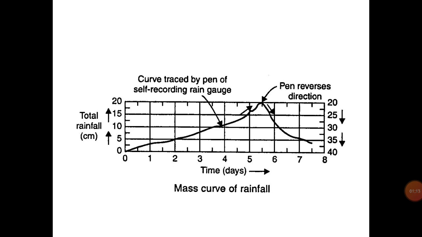From the mass curve, the average intensity of rainfall, in centimeter per hour, can be obtained by calculating the slope of the curve at any instant of time. The patterns as well as the total depth of rainfall at different instants can be obtained.